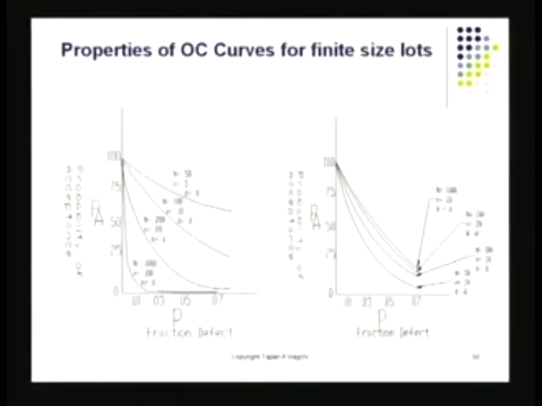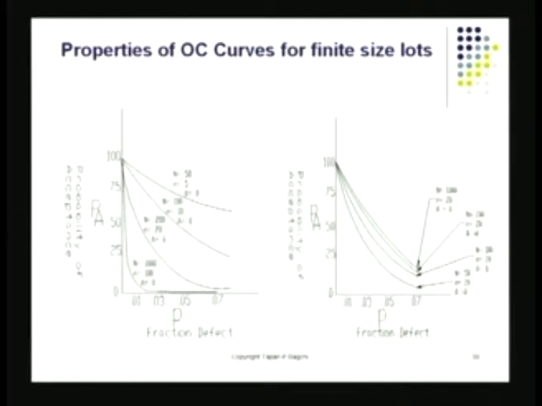Okay, let's get back to the curves here again. These are a couple of other curves that I show here to give you an idea that OC curves are never the same. OC curves depend a lot on whether the lot is finite or infinite size, and also on the number of defectives that I allow in the sample, which is the control number C. If C changes, the OC curve will change.